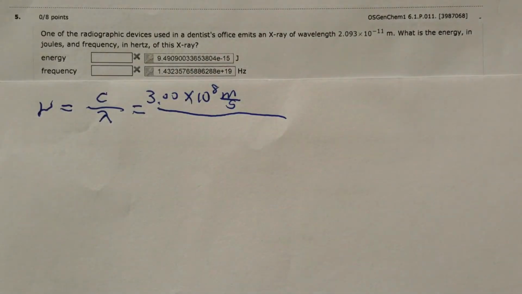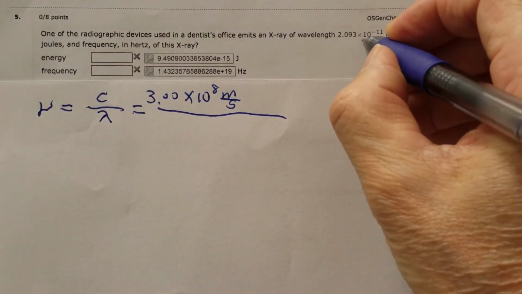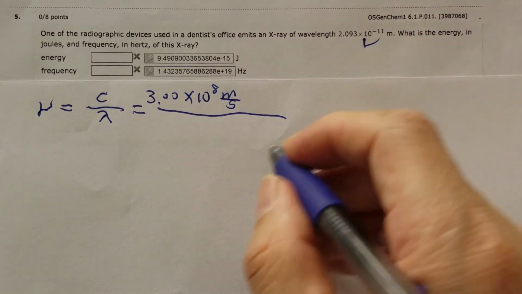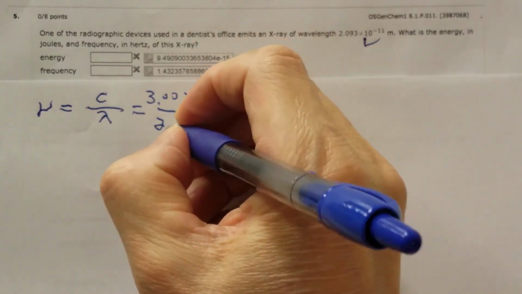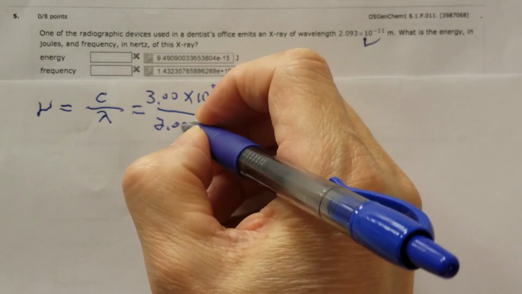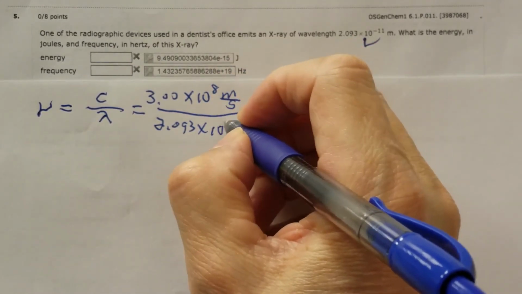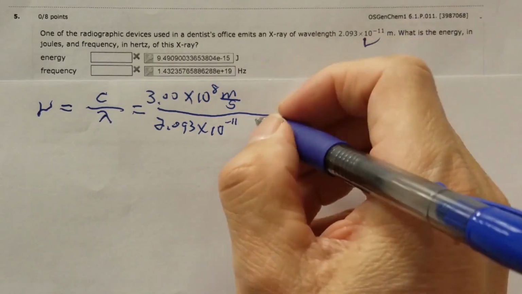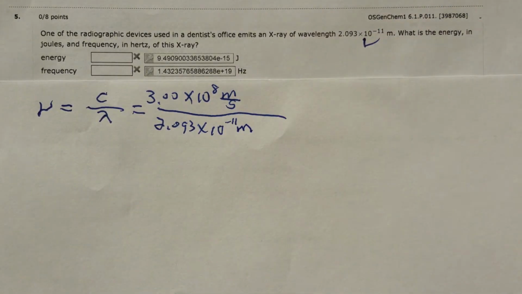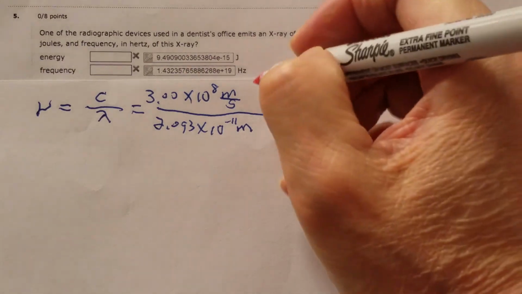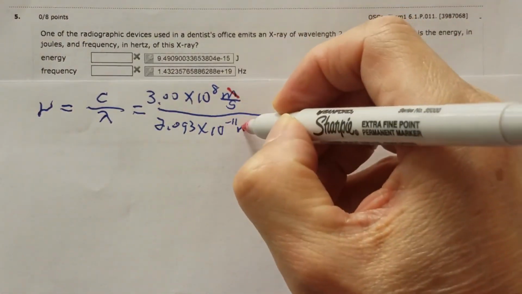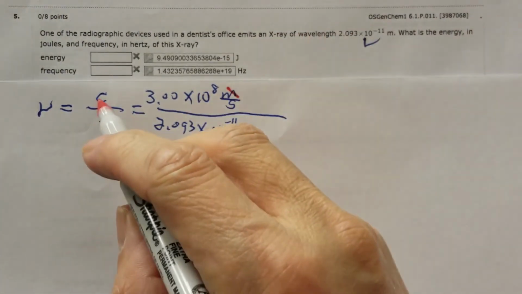And then the wavelength is already given in the problem, so we just copy that number. Since the wavelength is already in meters, it can cancel the meter in the speed of light.